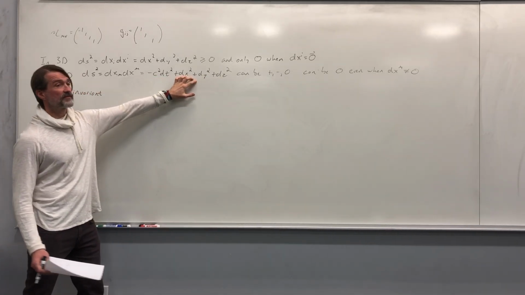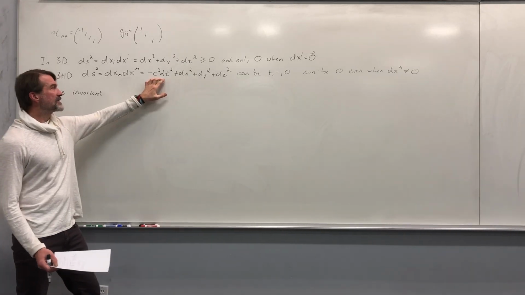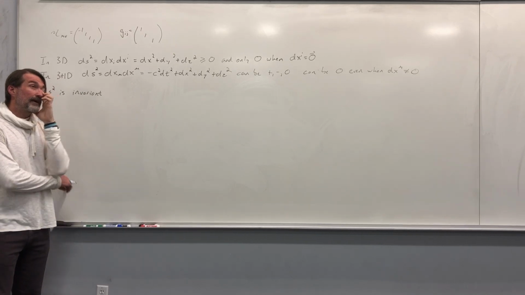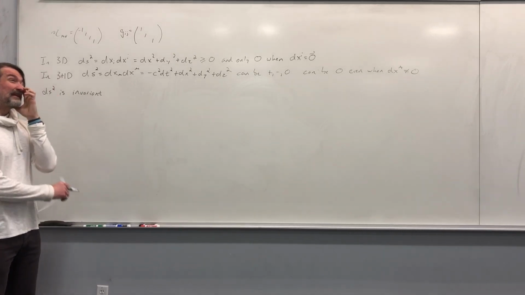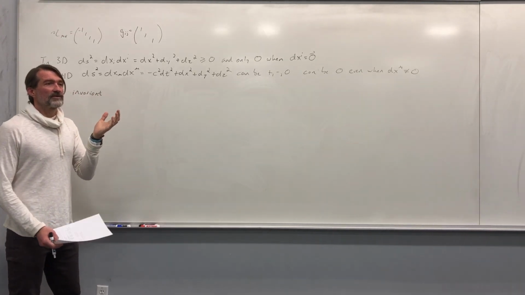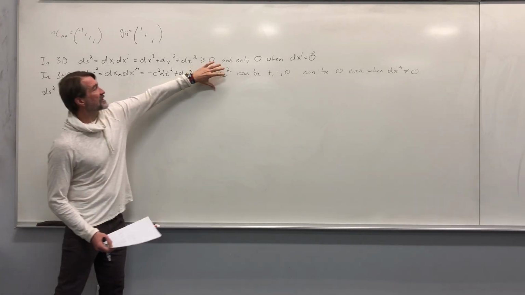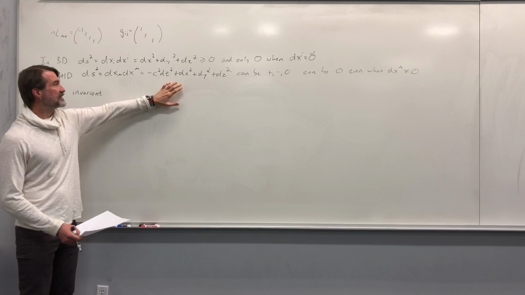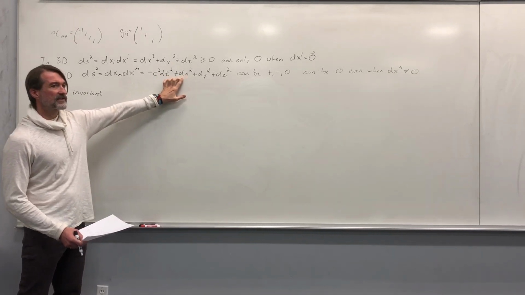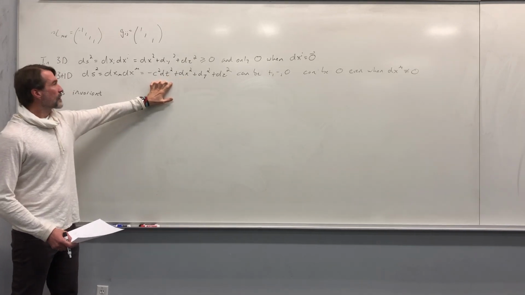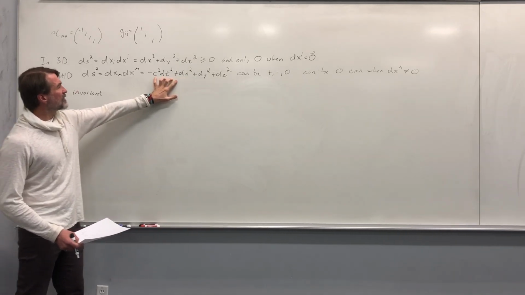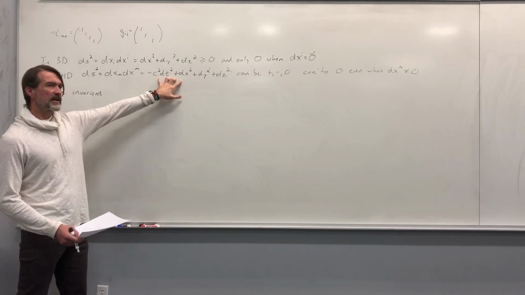Because if this wins, it's positive. So it's somehow got to take into account all of these. But let's just pretend this is a one-spatial-dimensional thing. So let's just ignore dy squared and dz squared for a moment. So you've got minus c squared dt squared plus dx squared. What physically relevant thing do you think is going to determine the sign of this?